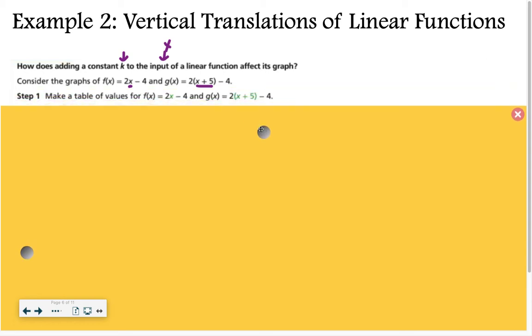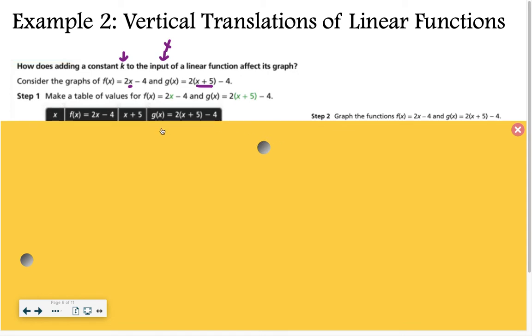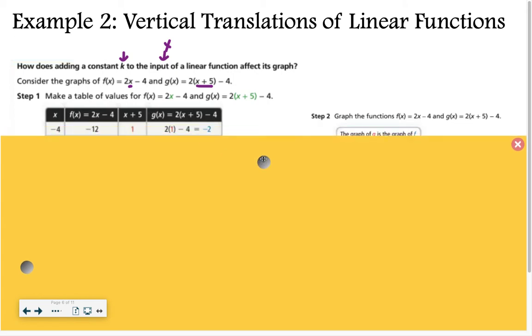So first, let's start by making a table of values for those two graphs. The book made a column for x, then a column for f of x, and then a separate column for x plus 5, just so that it was easier to plug into g of x. So if we plug negative 4 in, 2 times negative 4 is negative 8.